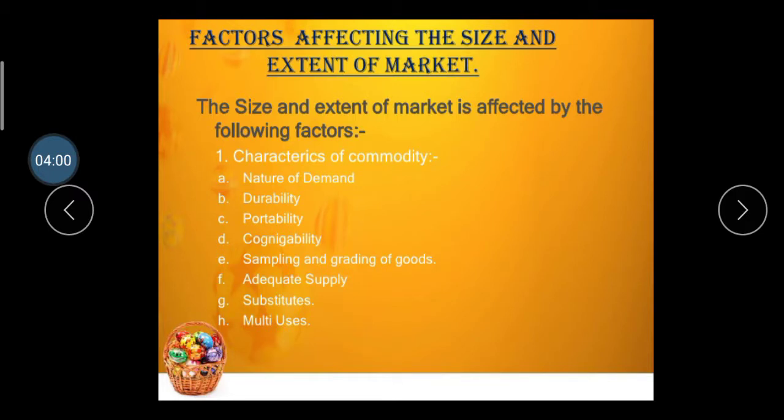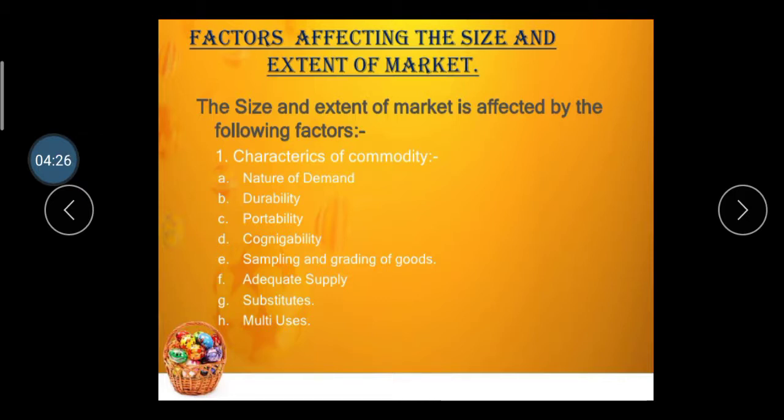Then, portability. Some products are portable; you can move this product from one country to another. It is a durable product and portability is higher. Then, cognizability: the product can easily be joined to other spare parts and other products. All of this affects the market.